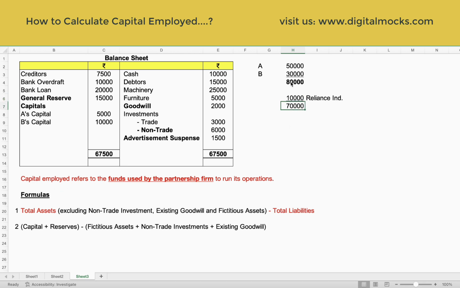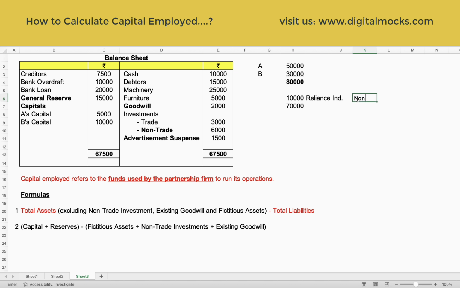So that 70,000 is actually the capital employed, because though they have invested 80,000, the firm is only using 70,000. The reason is that out of 80,000, 10,000 they have invested outside, in Reliance Industry or any other company maybe, right? And they have invested this for a long-term purpose.